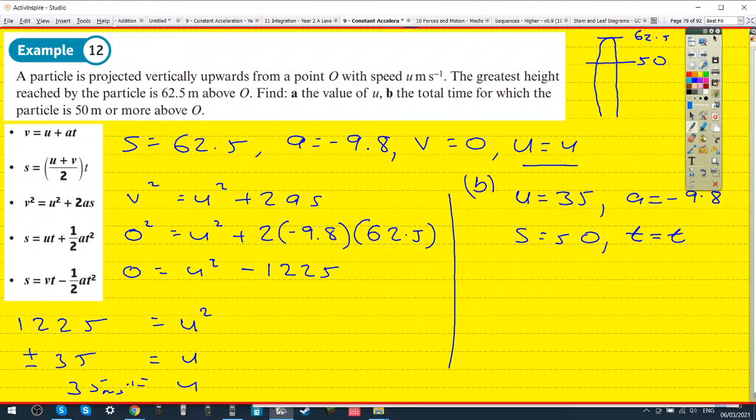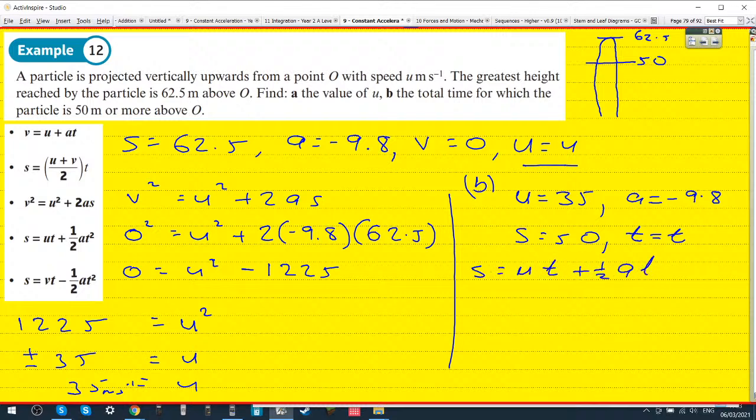So we can use S equals UT plus a half AT squared. So it'd be 50 equals U, which is 35T, plus a half brackets A, which is minus 9.8, close brackets T squared.